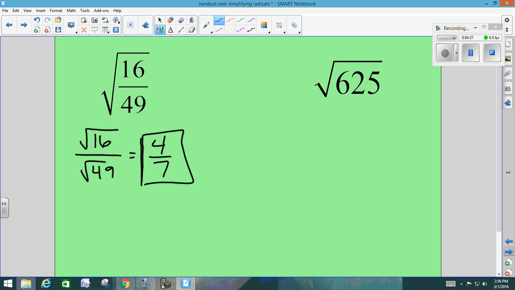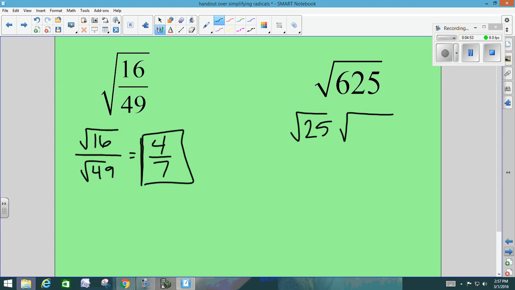Square root of 625? Any ideas what we can do? 25 goes into it? Yeah, it's got to. How many quarters would it take to make $6.25? Okay, well, how many quarters does it take to make $1? 4. How many whole dollars do I have?